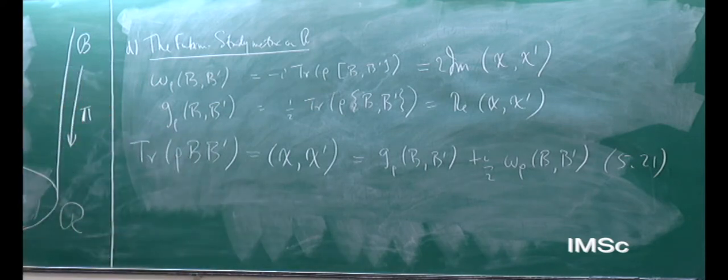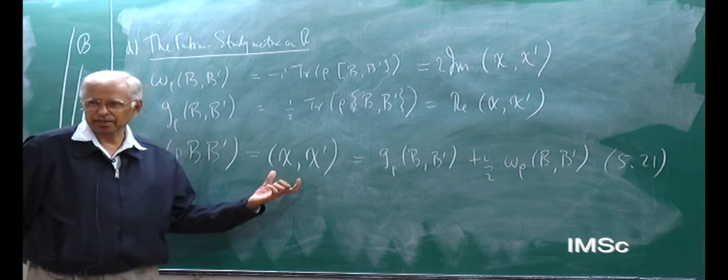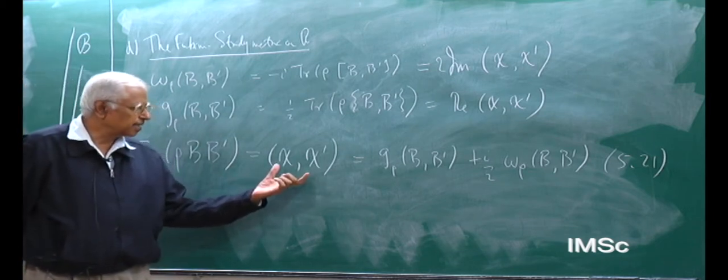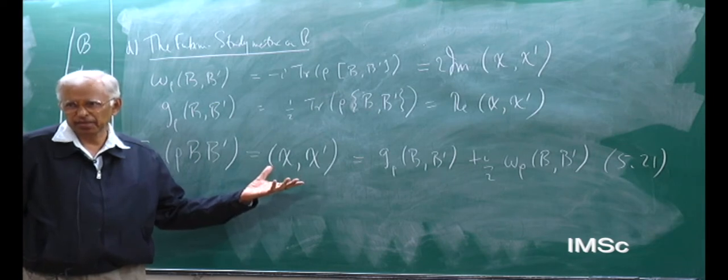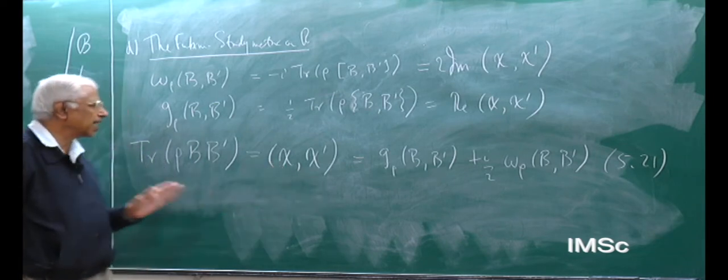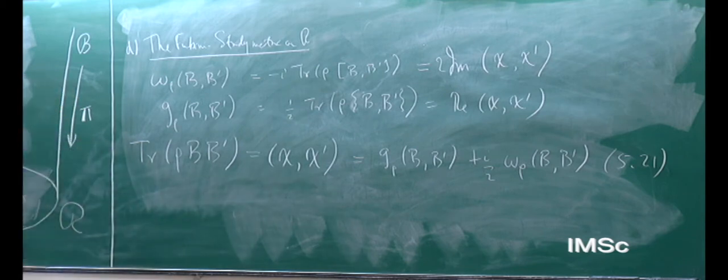I want you to appreciate that this is a Hilbert space scalar product. Of course, here it is only the scalar product between pairs of vectors orthogonal to psi that is appearing. That's all right. But if psi varies, the subspace to which chi and chi prime belong will also keep shifting, right? Always the orthogonal complement of psi.